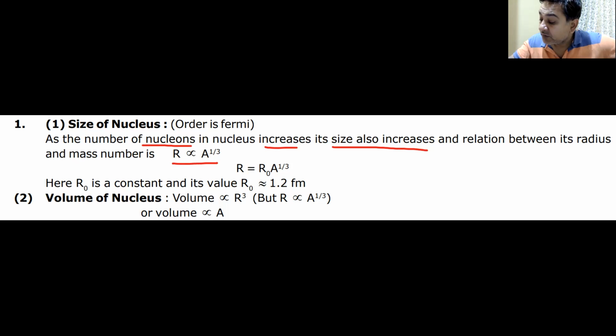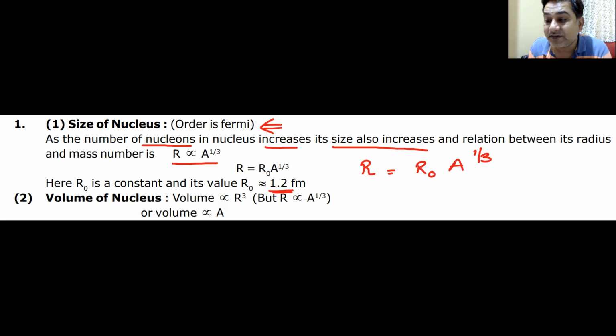The size of the nucleus is in the order of Fermi meters. Remember this, again a knowledge-based question which can come straight away in the examination hall. So I can write R, the radius of the nucleus, as R naught, which is a constant, times A raised to the power 1/3, where A is the mass number, and the value of R naught is 1.2 Fermi meter.